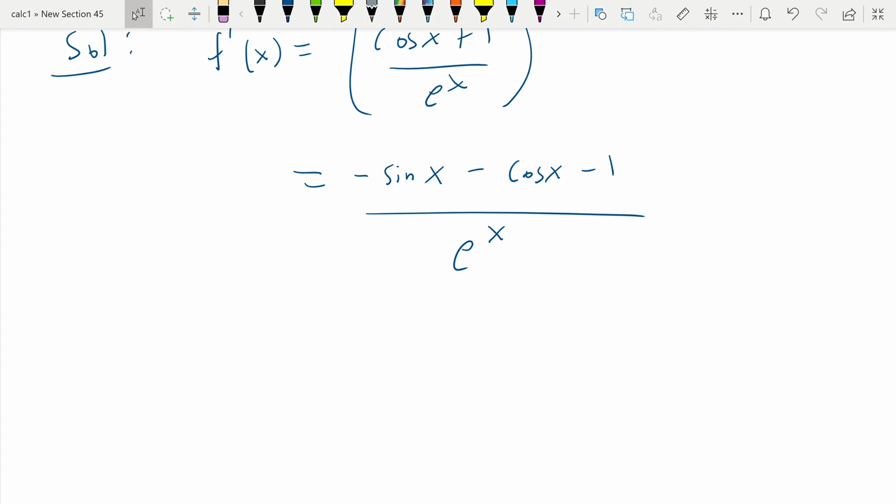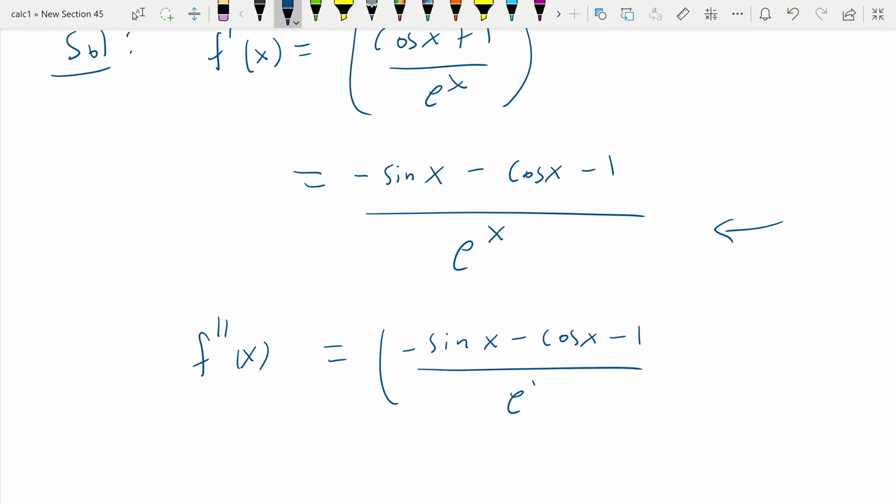And to compute f double prime, we need to differentiate this expression. We need to take the derivative of minus sine x minus cosine x minus 1 divided by e to the x.